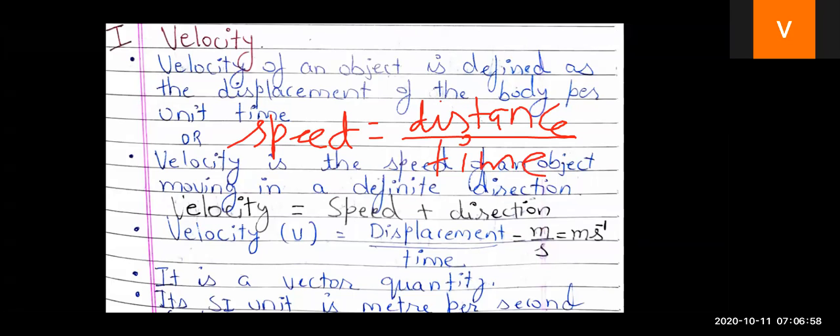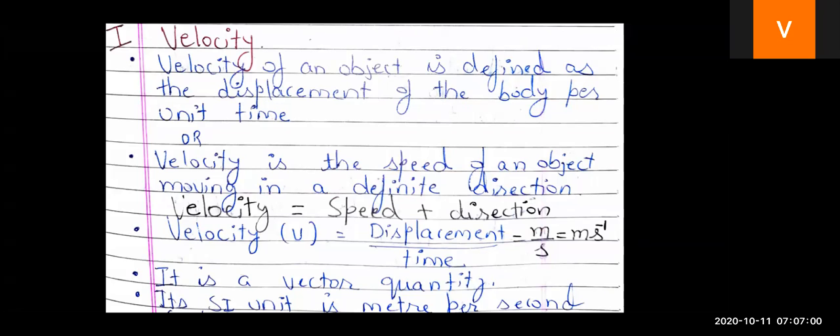Here, velocity is displacement per unit time. So either you can define velocity in terms of displacement per unit time, or you can define velocity in terms of speed in a definite direction. So its formula will be velocity equals displacement upon time.